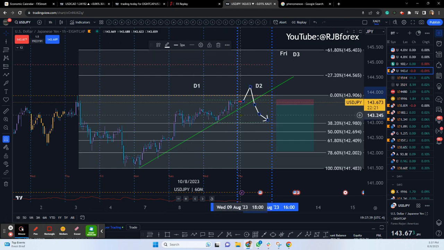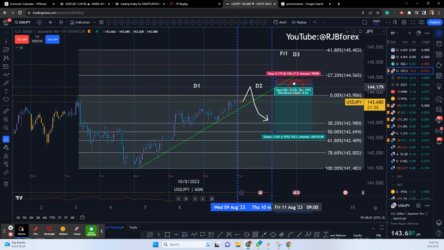But on a day two reversal, essentially what I'm saying is you might want to take it easy on a day two, trying to counter trend. You can get caught out, get stopped out. You might want to take your money off the table sooner than holding on to that as if it was a day three.